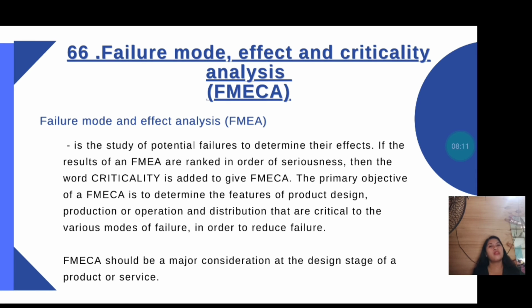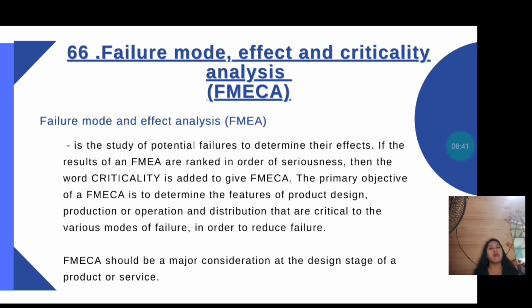Next is 6.6, failure mode, effect, and criticality analysis, FMECA. Failure mode and effect analysis, FMEA, is the study of potential failures to determine their effects. If the results of FMEA are ranked in order of seriousness, then the word criticality is added to give FMECA.